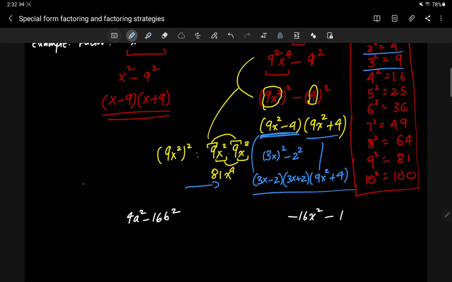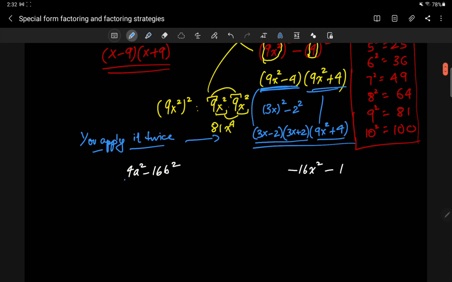So in this case, you apply it twice. The goal is to keep applying it as long as it can be applied, because you want to get to the simplest form. And the simplest form here happens to be when you apply it to 9x squared minus 4 to get these, and then 9x squared plus 4 is not a difference, so you cannot apply it in that case.